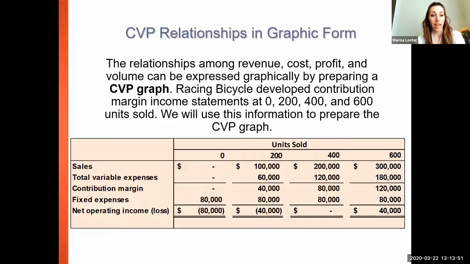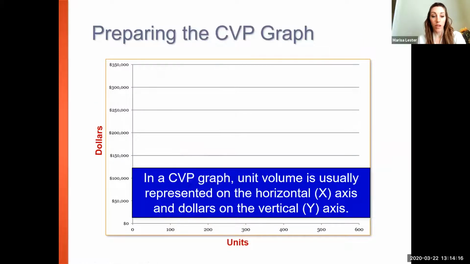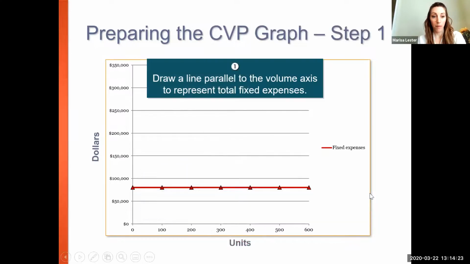We're back at RBC Company, and they've created a contribution margin income statement, a what-if analysis for what net operating income will look like if they sell 0 bikes, 200 bikes, 400 bikes, and 600 bikes. And remember, 400 bikes were their break-even point. So let's put this in a graph. Our x-axis is always the number of units. Our y-axis is always our dollars. We saw that before.